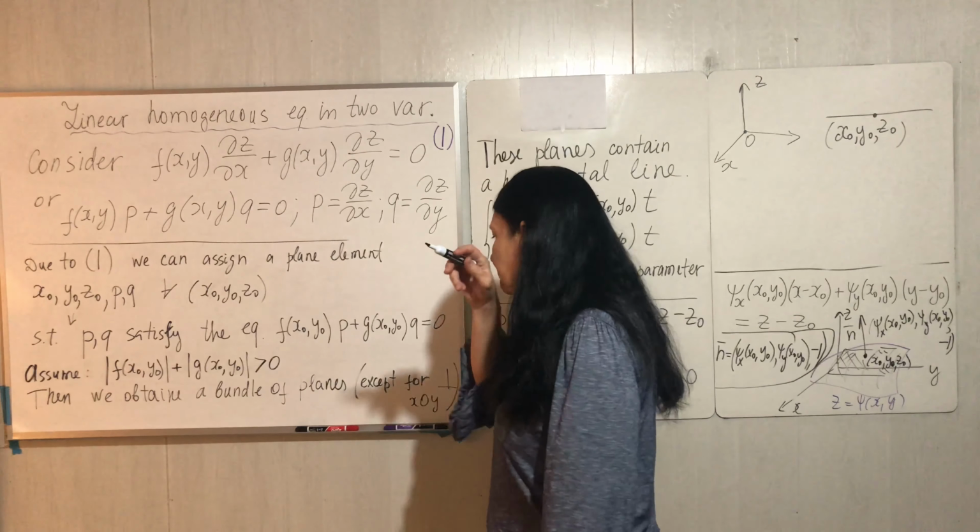And then we will obtain a bundle of planes, except for the plane that is perpendicular to our plane x or y, because we want our surface to be a continuously differentiable surface.